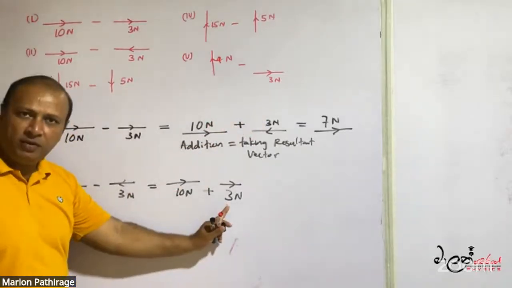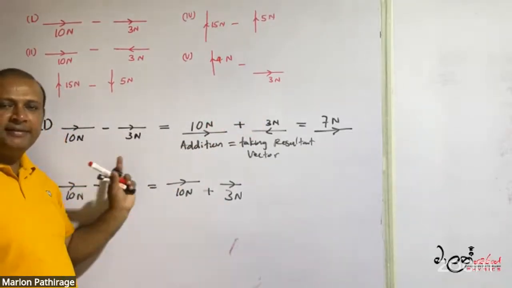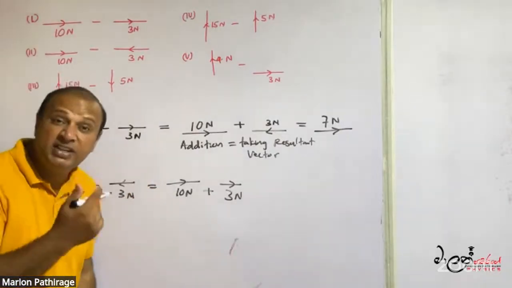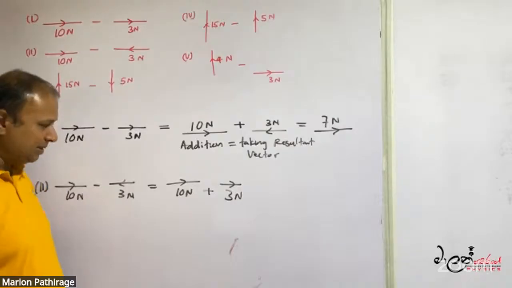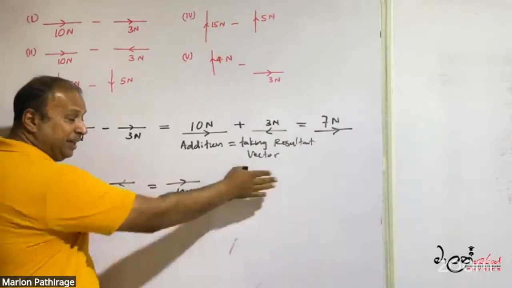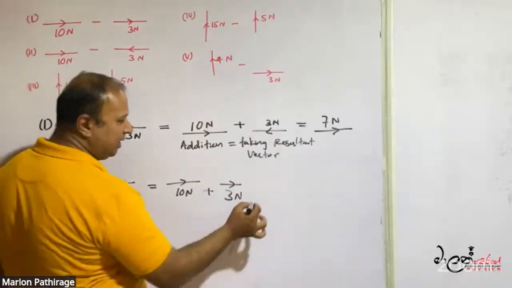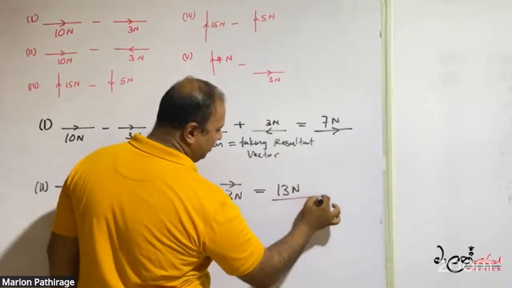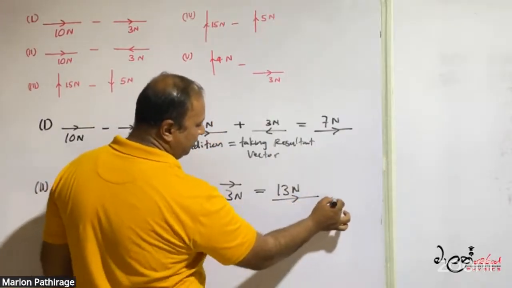How to take the negative vector? Reversing the original direction. Now 10 Newton force into this side, 3 Newton force into the same side. Therefore, the answer is 13 Newton into that side.